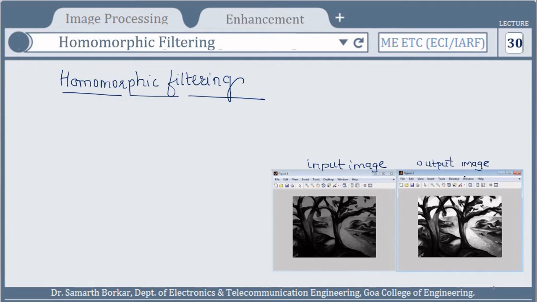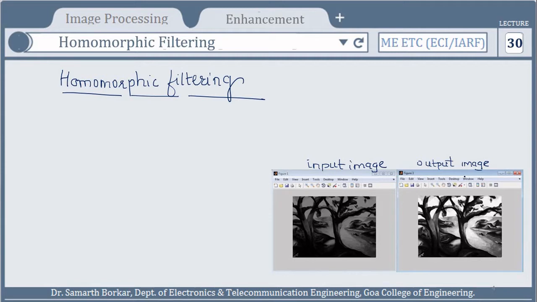Now homomorphic filtering is a generalized technique for signal and image processing, and it involves linear mapping to a different domain in which linear filter techniques are applied, followed by mapping back to the original domain.